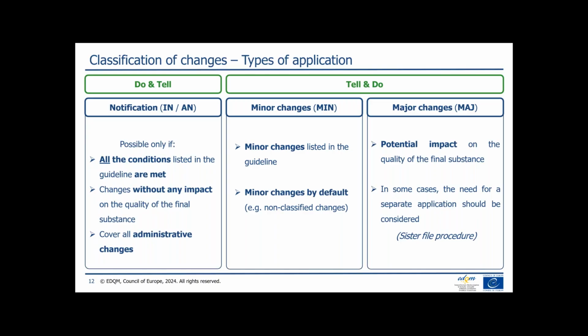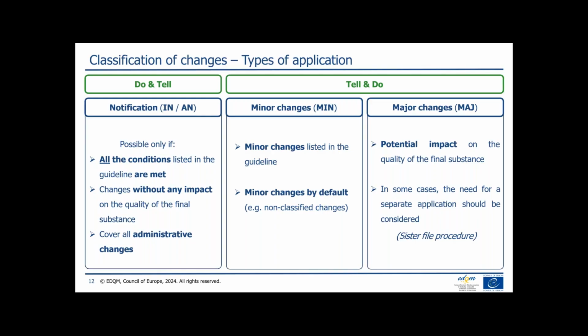However, on the other side, we have tell and do, where we have minor and major revisions. It is very important to think, when considering whether a revision is minor or major, how the final substance quality is impacted or may be impacted even before batches are produced and the batch data are obtained and the batches are released, right?